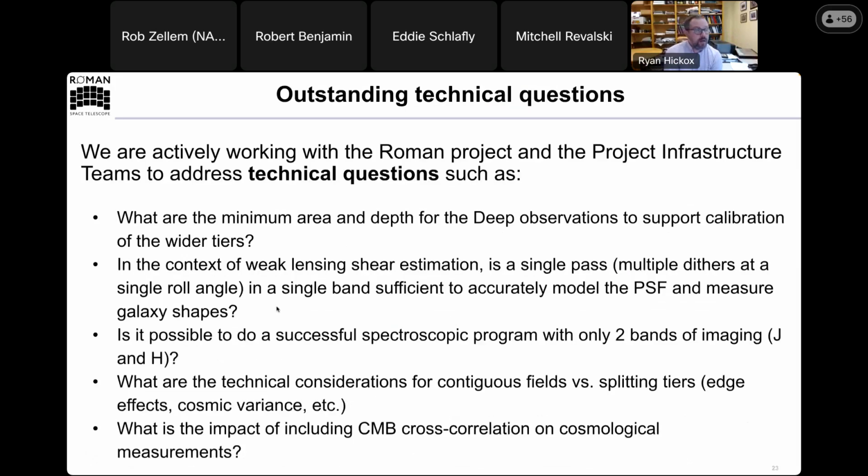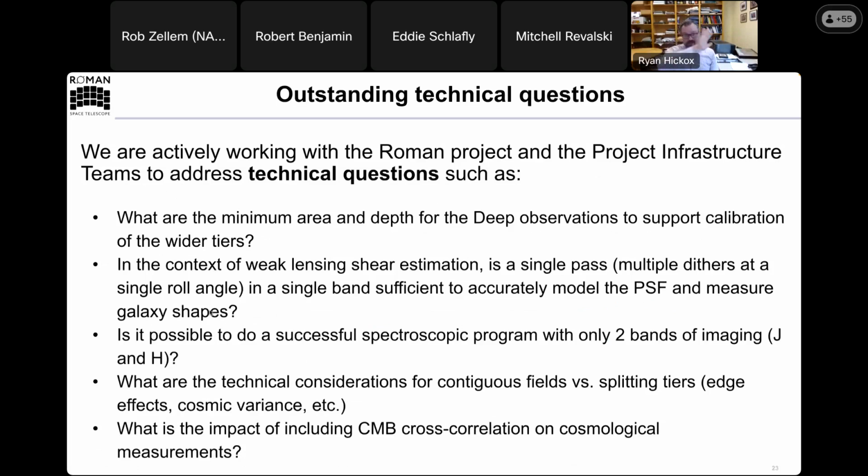Okay, so with this, we have some outstanding technical questions that we are engaging with the project infrastructure teams to address. This is just a small subset of them, but just to give you a sense of where we're at. One is, as I mentioned before, what are the minimum area and depth of the deeps observations to actually allow calibration of the wider tiers?